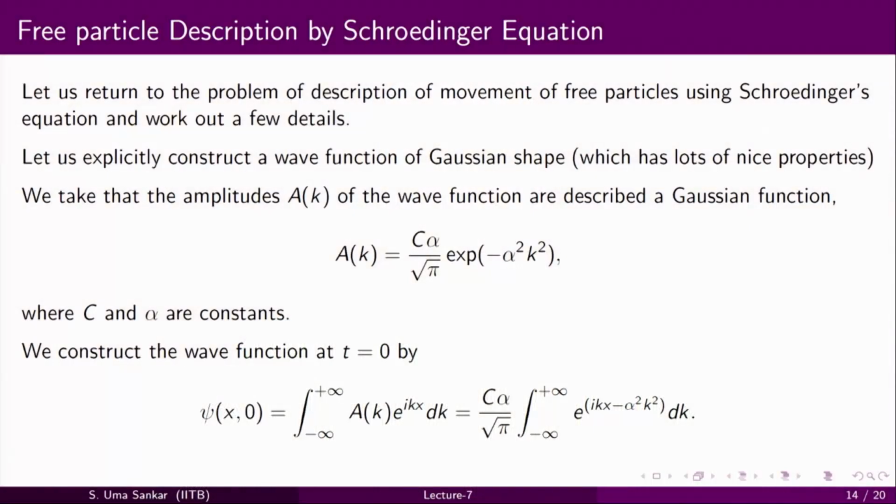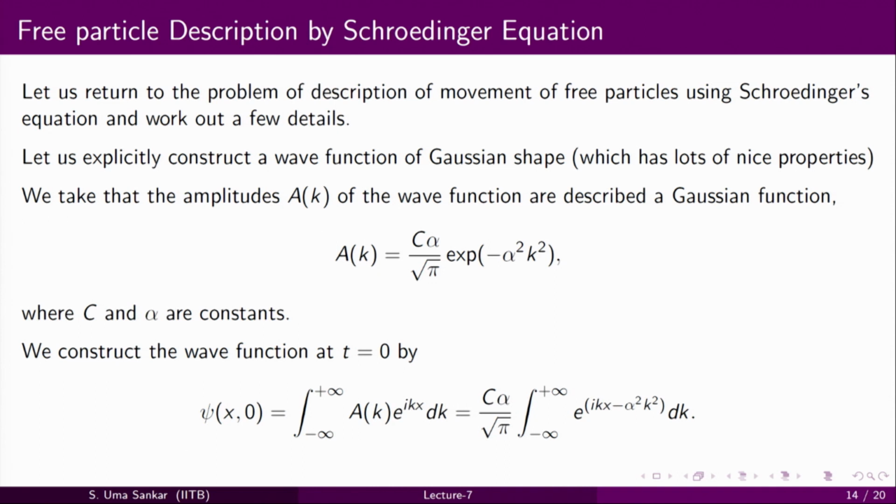Now, let me come back once more to this problem of a free particle and describe how to see the motion of a free particle using Schrödinger's equation. Previously, I talked about a wave packet where A of k is some arbitrary function, but now let me assume an explicit function for this A of k.